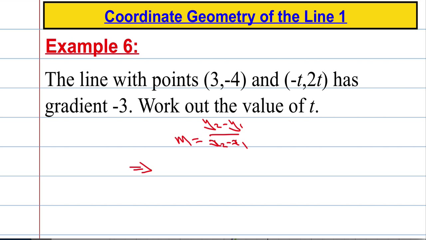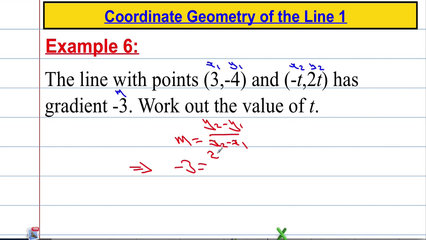Okay, let's see what we can fill in first. I'm going to label the points x1, y1, x2, y2. So let's substitute. Oh, we can see that the gradient m is given, so let's label that as well. m is negative 3. y2 is 2t.